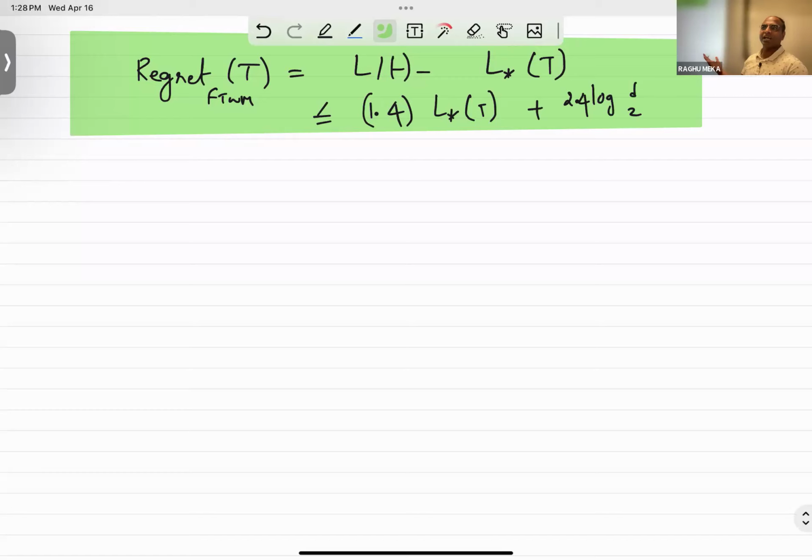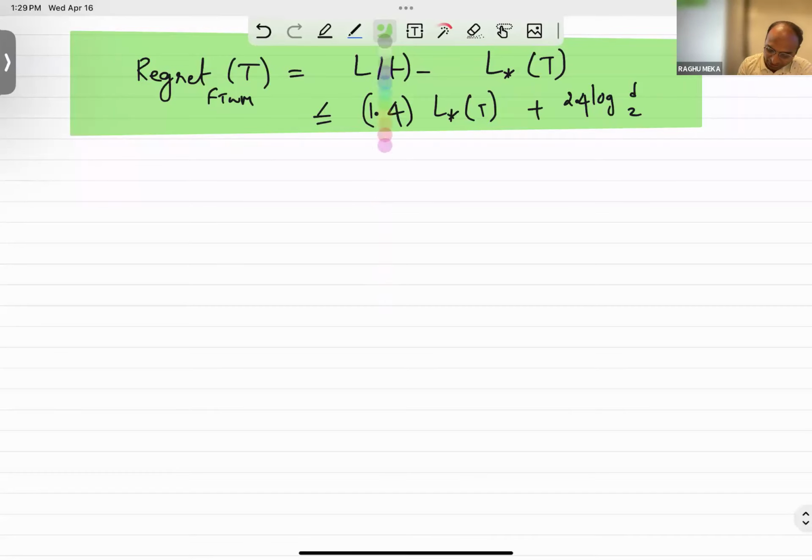It's okay for me to have some loss, but as I play the game more and more, I want my gap to shrink, which is not necessarily happening here. So if I play the game 100 times, you got some loss on average. But if I play the game 1,000 times, I should get a much lower gap on average, because I had more time to learn who the best expert would be, right?